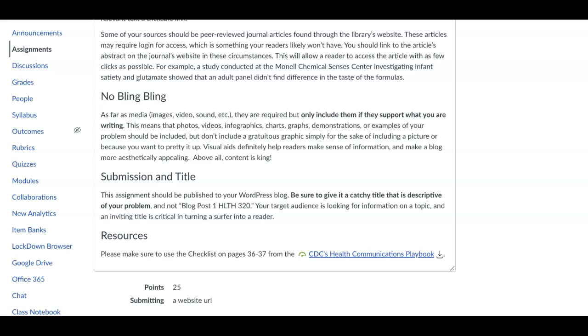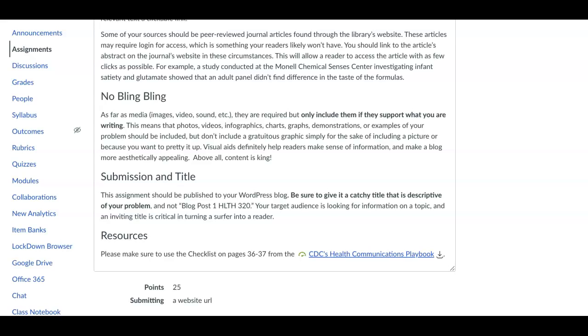So this assignment should be published to your WordPress blog page. So give your blog a catchy title that's descriptive of the problem that you're going to be talking about. And remember that your target audience is looking for information, and so this title is going to be important in engaging them and getting them to read your blog.